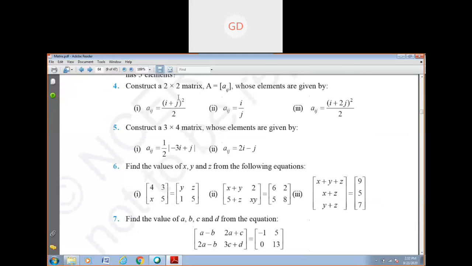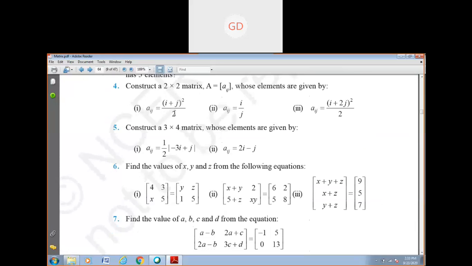As I discussed in the last class, that we have to construct a matrix of order 2 by 2, and the matrix elements are defined as this. This is 1, and this is 2, and this is 3.